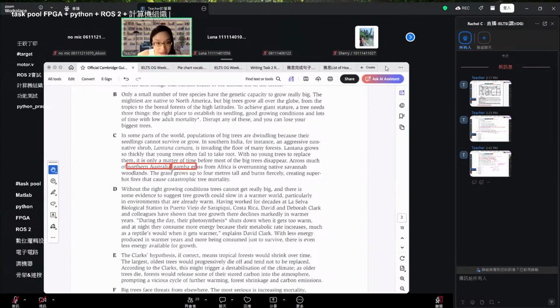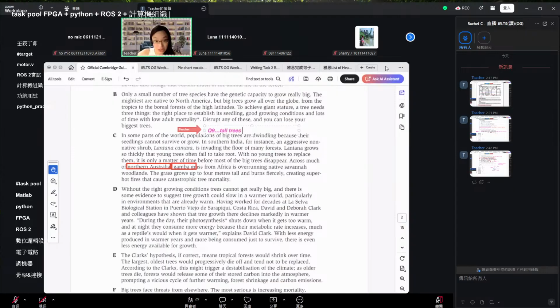So there is nothing caused by the grass so far, and burns fiercely, creating. So that's the byproduct of the grass. The grass will create the same thing as the question says, because of, right? If we were to put it down in this way. Question number 9.